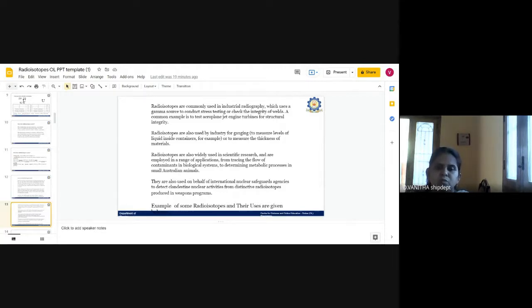Radioisotopes are also used in industrial radiography, which uses a gamma source to conduct stress testing and to check the integrity of welds. An aeroplane jet engine turbine is an example of checking structural integrity.